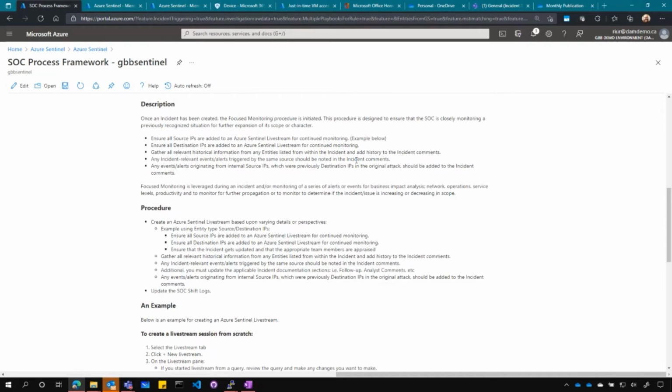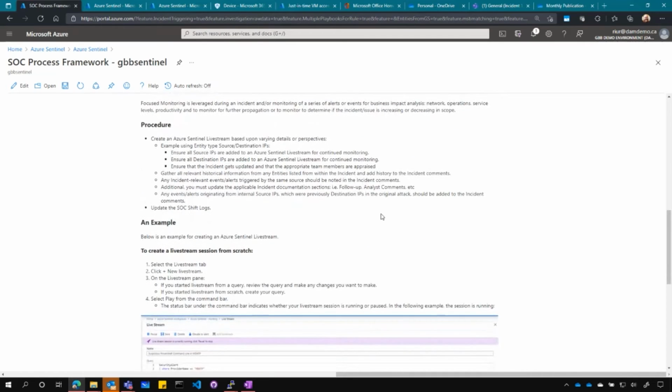Think about any incident-related events that may be triggered that have the same source, so that you can note that and maybe triage or monitor all activities from a given host or a given user, and then look at the originating alerts and events from that initial source. So really thinking about it from that side of the house.